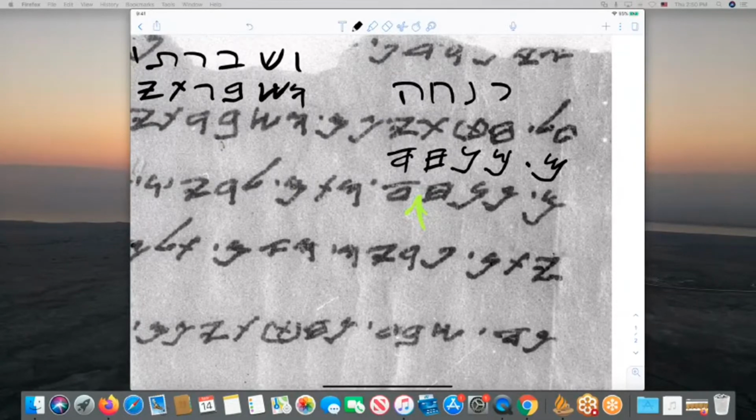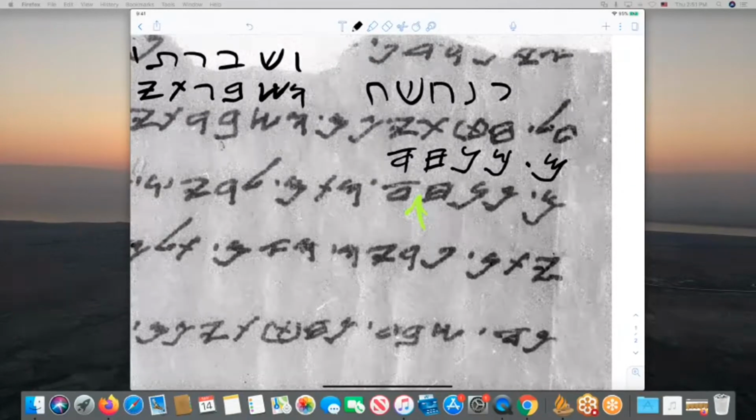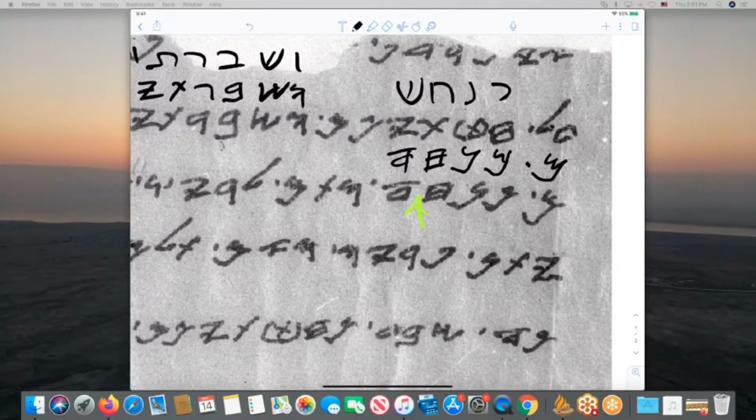Well, all complete manuscripts have a shin here. So there's a letter missing. It should say this, a hey, like that. Ka nechusha.